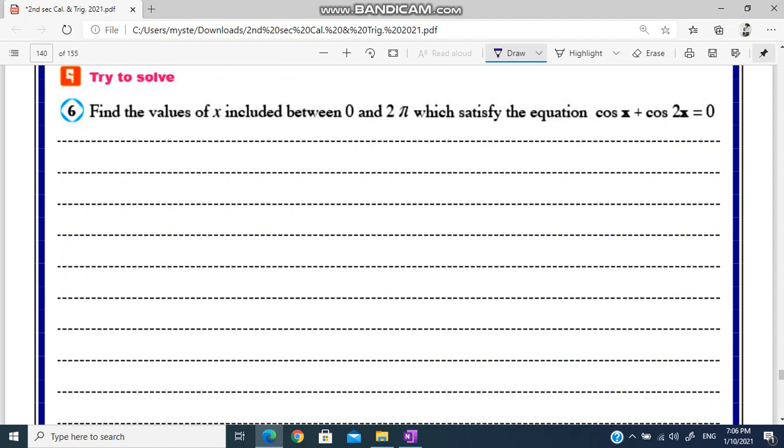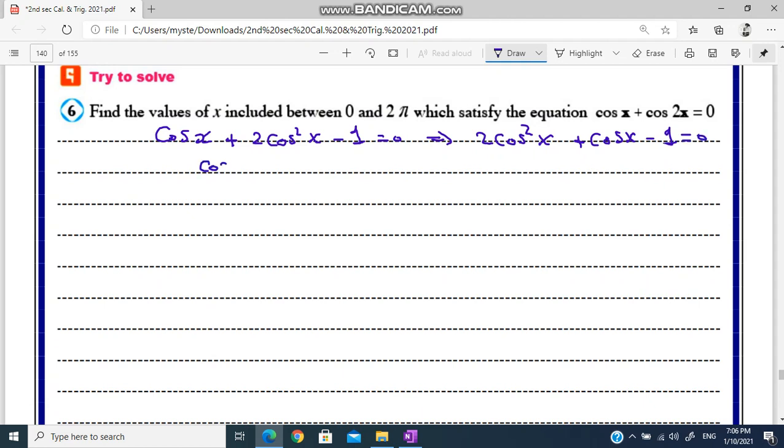Find the values of x between 0 and 2π which satisfy the equation cosine x plus cosine 2x equals 0. So we can expand cosine 2x to 2 cosine² x minus 1 equals 0, and use the factorization of the equation.